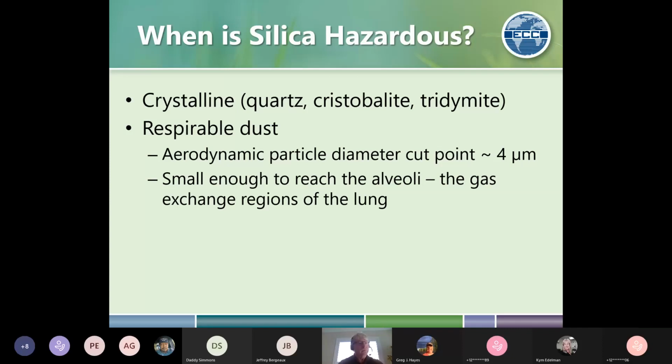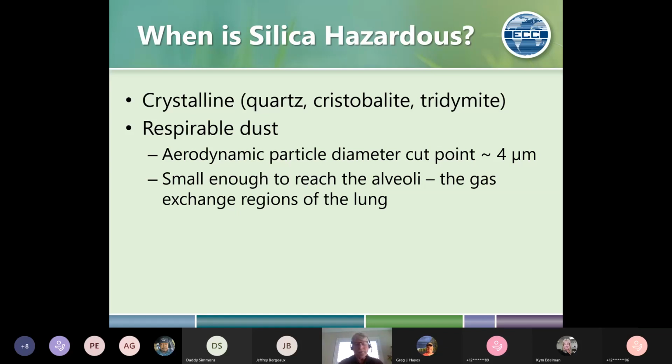And the other thing that we're concerned about with silica is respirable dust. Respirable means that it's small enough that it can reach the deep recesses of the lungs. And that's generally particles that have a distribution that has a cut point of 4 microns in diameter.